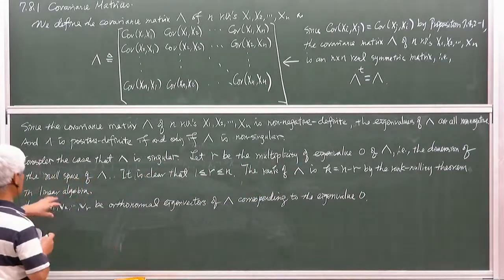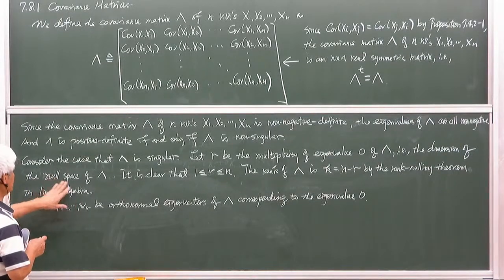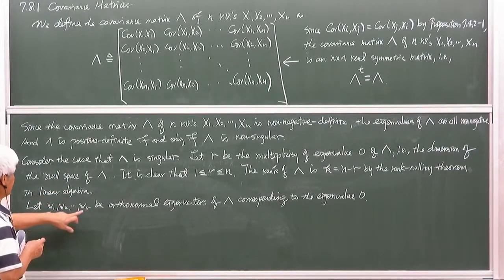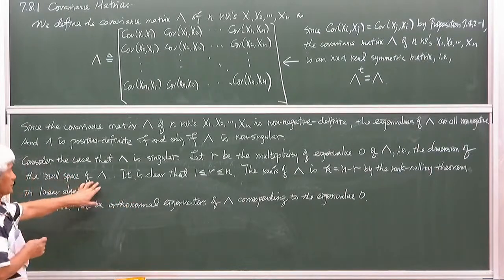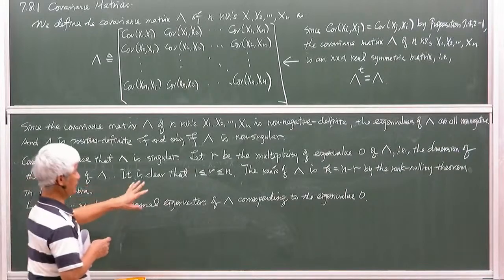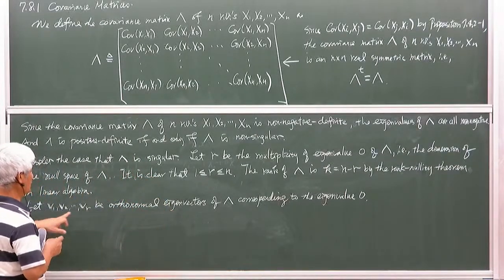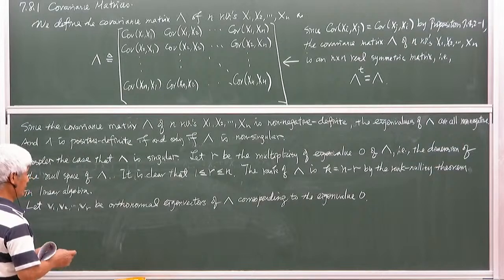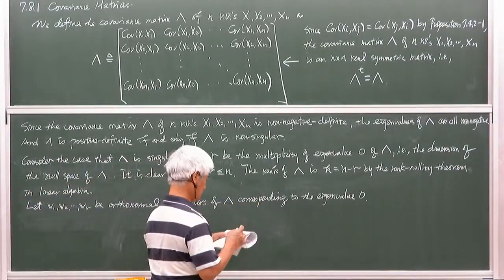Right. So this is actually the null space. So v1, v2 up to vr is an orthonormal basis for the null space of lambda. Okay. And because the null space has r dimensions, we have r orthonormal eigenvectors corresponding to eigenvalue 0 here.